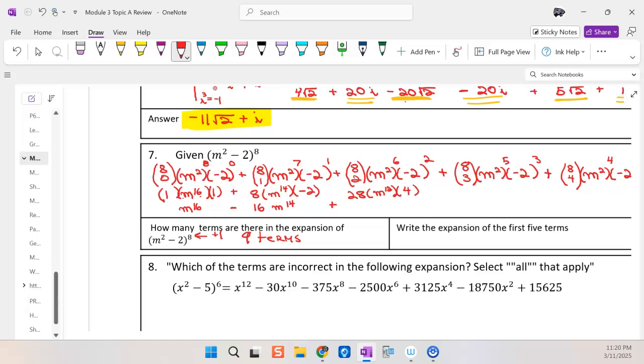So I've got 28 times 4. That's 112 m^12. Okay.